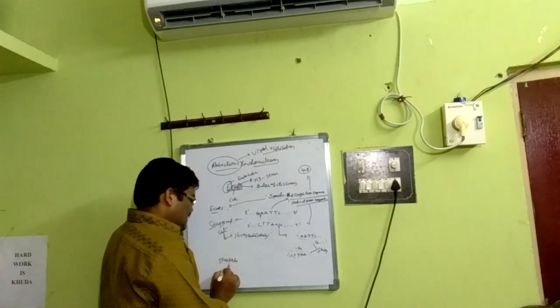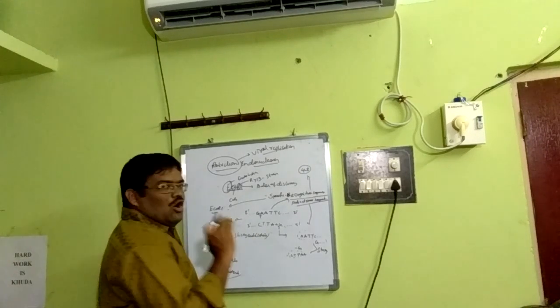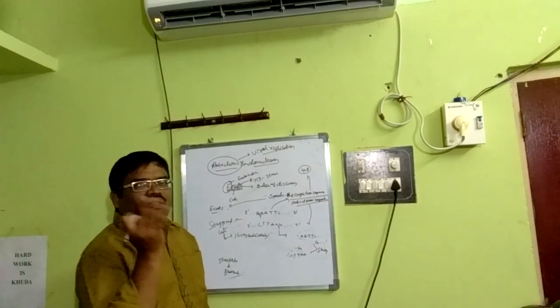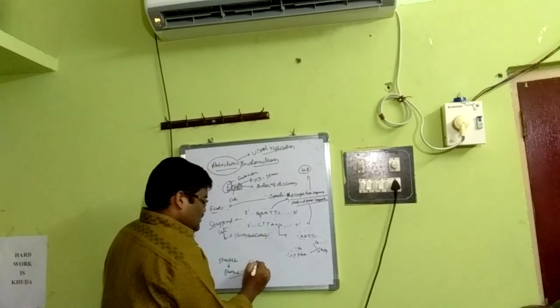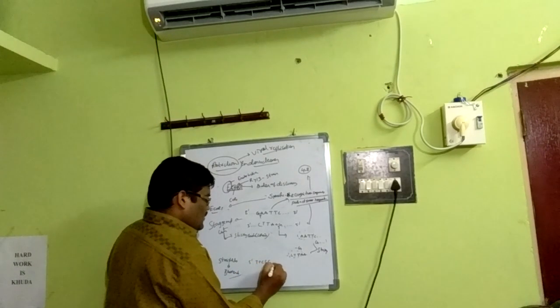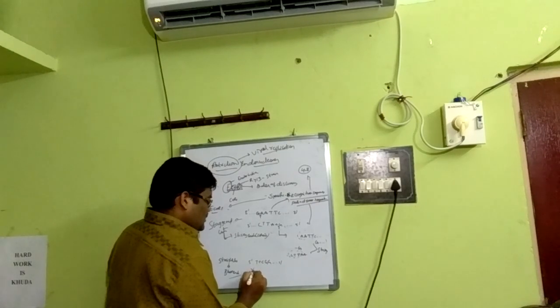That leads to blunt ends. Blunt ends mean there are no unpaired overhangs, that means no unpaired bases. Say this is T, T, C, G, G, and this is the same, A, G, C, C.